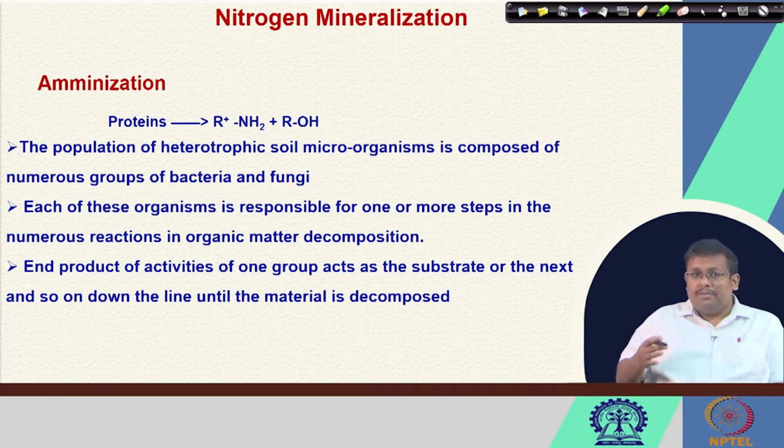One group governs one process, and the end product from that reaction acts as a substrate for the next group, which converts this substrate to other compounds, and ultimately we reach the final decomposition.